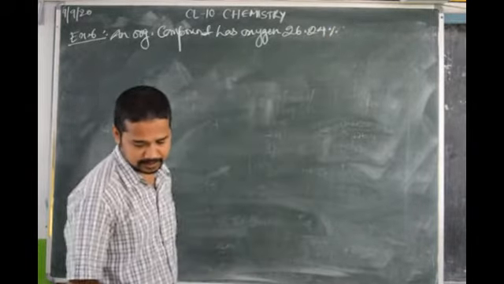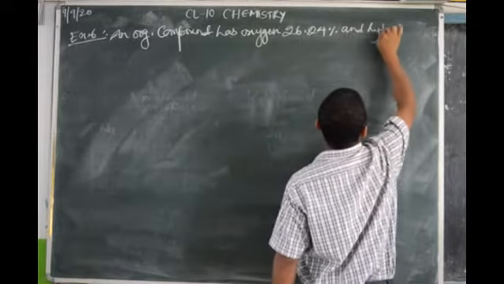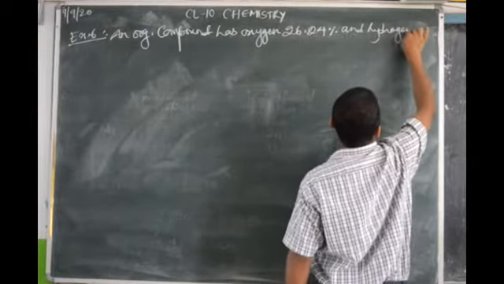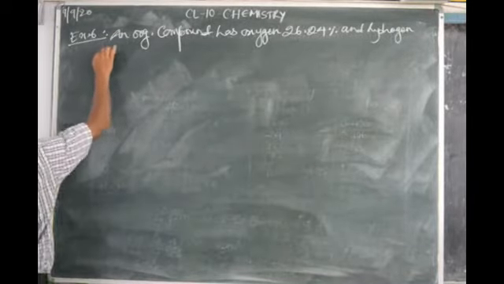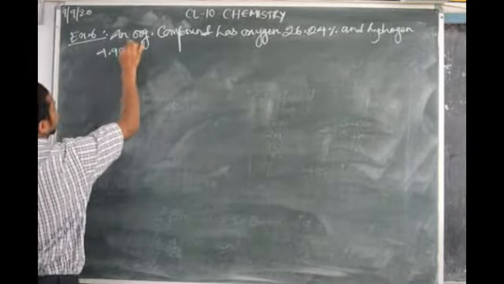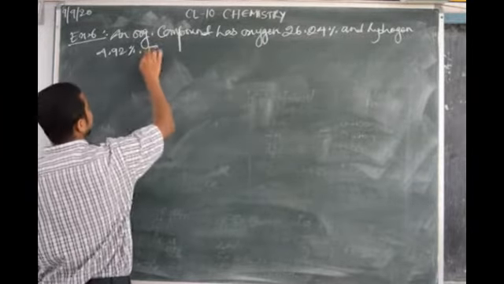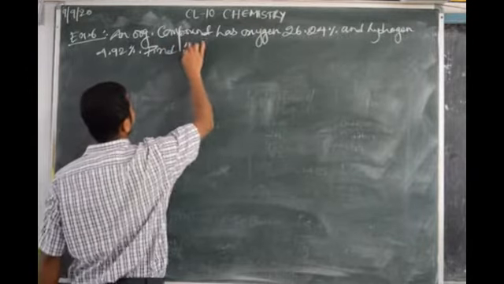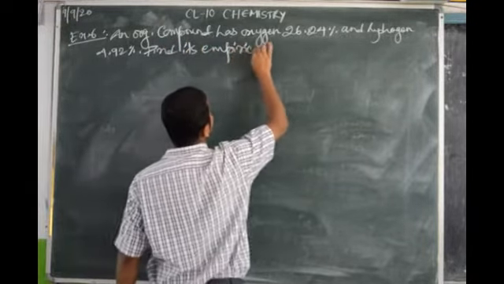And hydrogen, how much? 4.92%. Find its empirical formula.